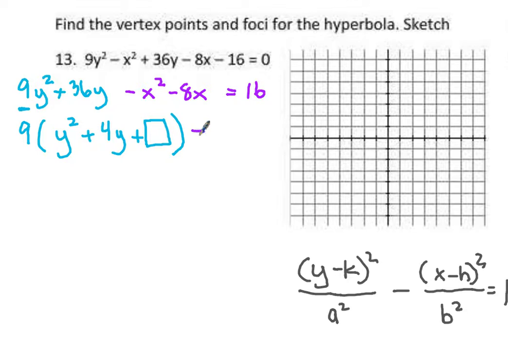I factor out the negative from my x terms. That's x squared plus 8x plus a box. And that equals 16 on this side. And I have to add in my blue square box and my purple square box.